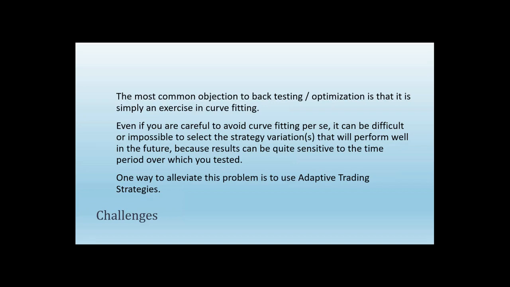You do need to be careful not to over optimize a system, and you also should always reserve some of your data for doing an out of sample test, so that by whatever means you come to the conclusion that a particular strategy variation is the best, you can use an out of sample data set and go back and test that again and say, okay, I thought that this strategy variation was the best. Now when I test it out of sample, does it still perform up to my expectations?